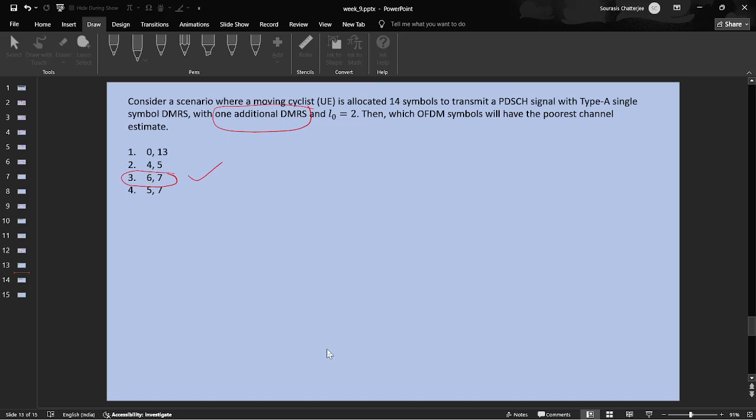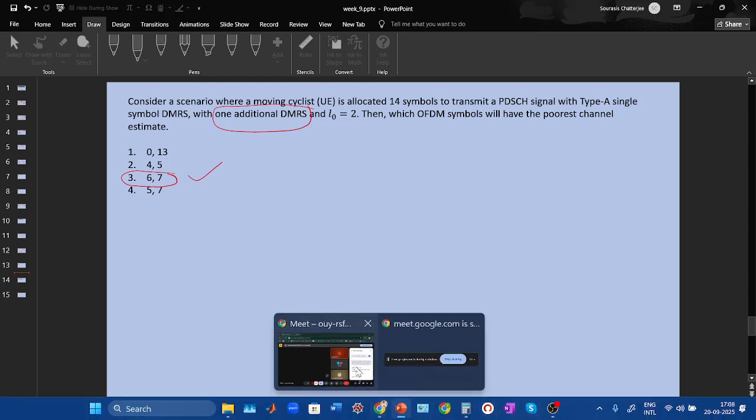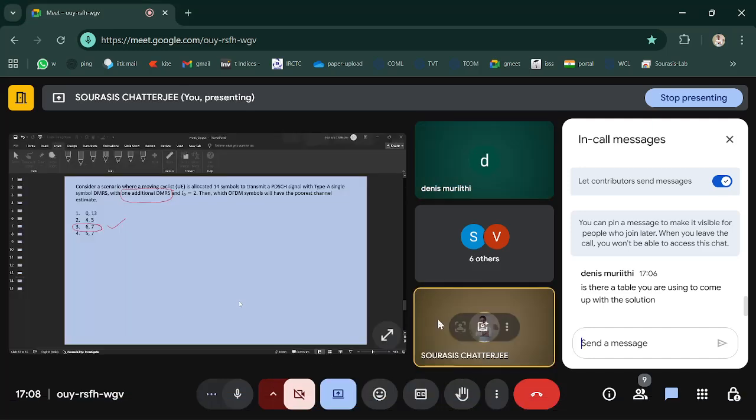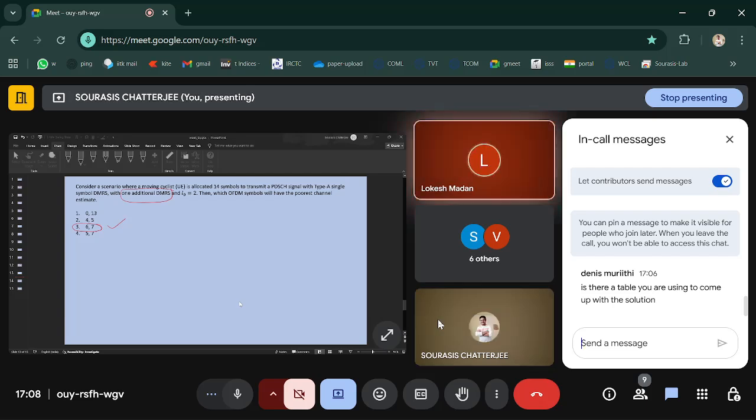DMRS position of user. I think it's no only. The question is DMRS is used to find the position of the user.